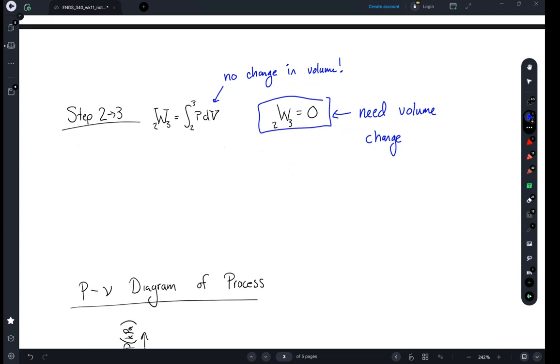So we could say here that the total work, W between 1 to 3, is W12 plus W23. W23 is 0, so this is just 23.89 kilojoules.